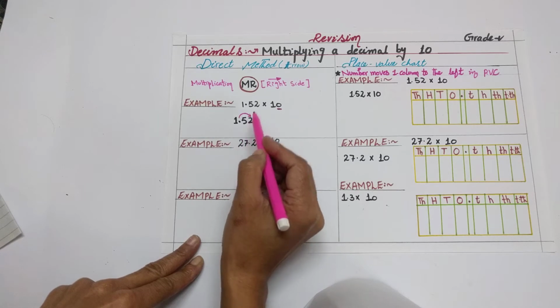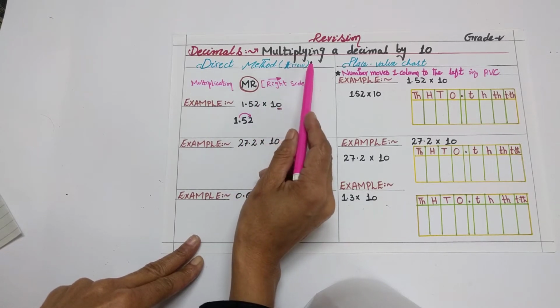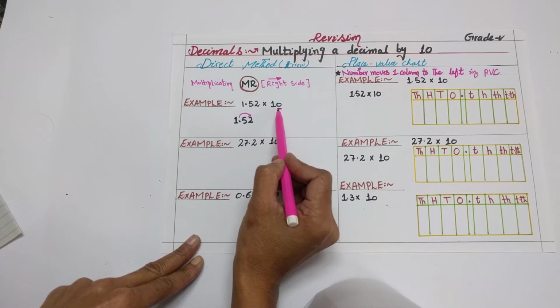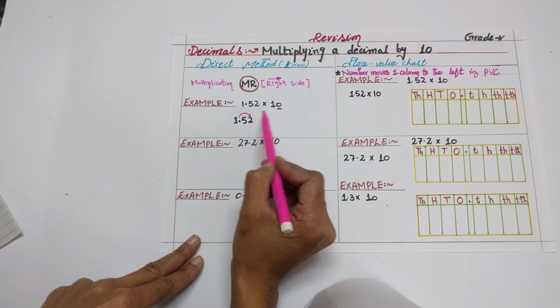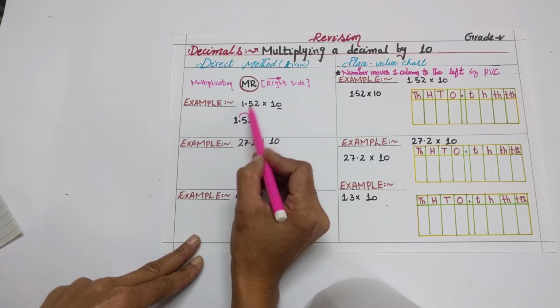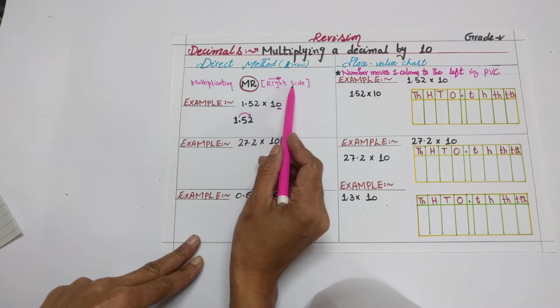Got it? So when you multiply any decimal number by 10, as there is only one zero in 10, we will shift the decimal one place to the right side.